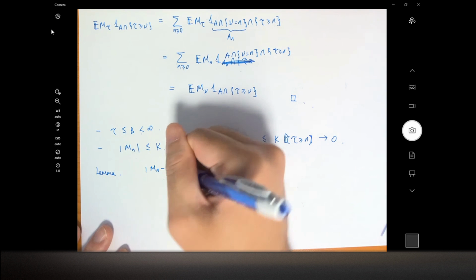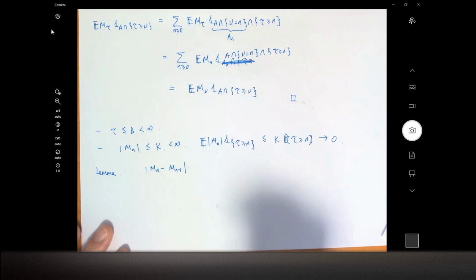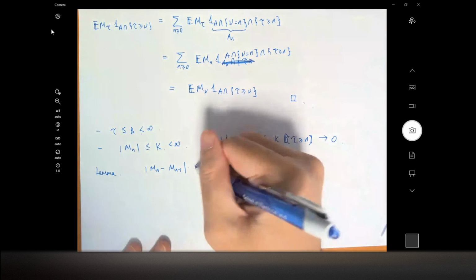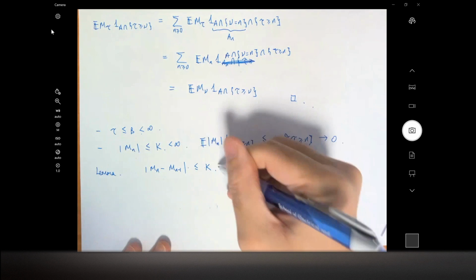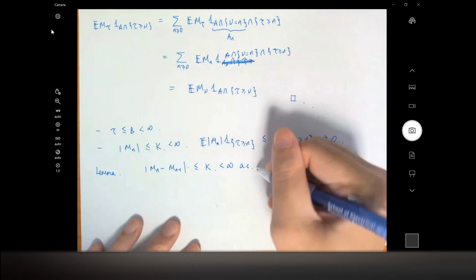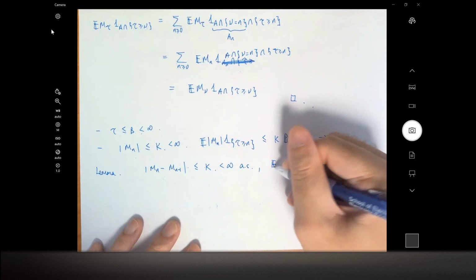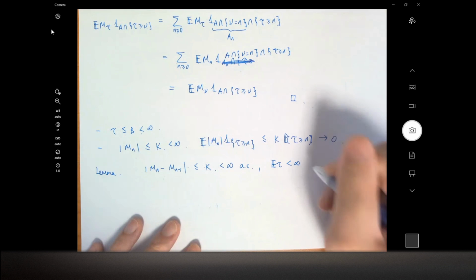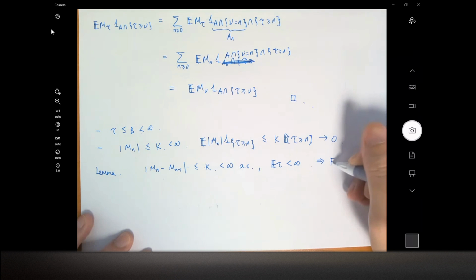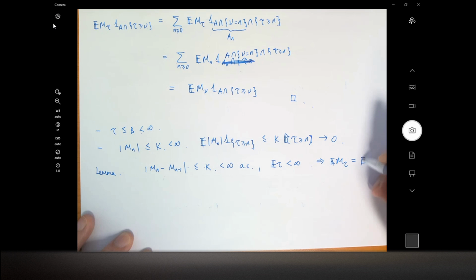So Mn minus Mn minus 1, okay, the difference between subsequent variables inside your martingale process, this is bounded by some constant, almost surely. And moreover, if the expectation of tau is finite, then this implies that the expectation of M tau is equal to the expectation of M0.